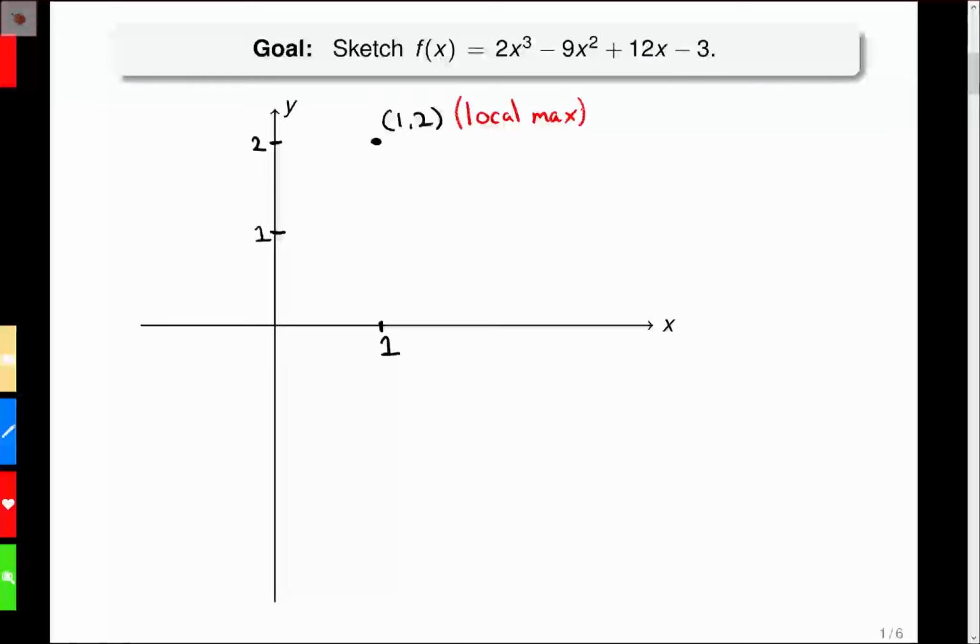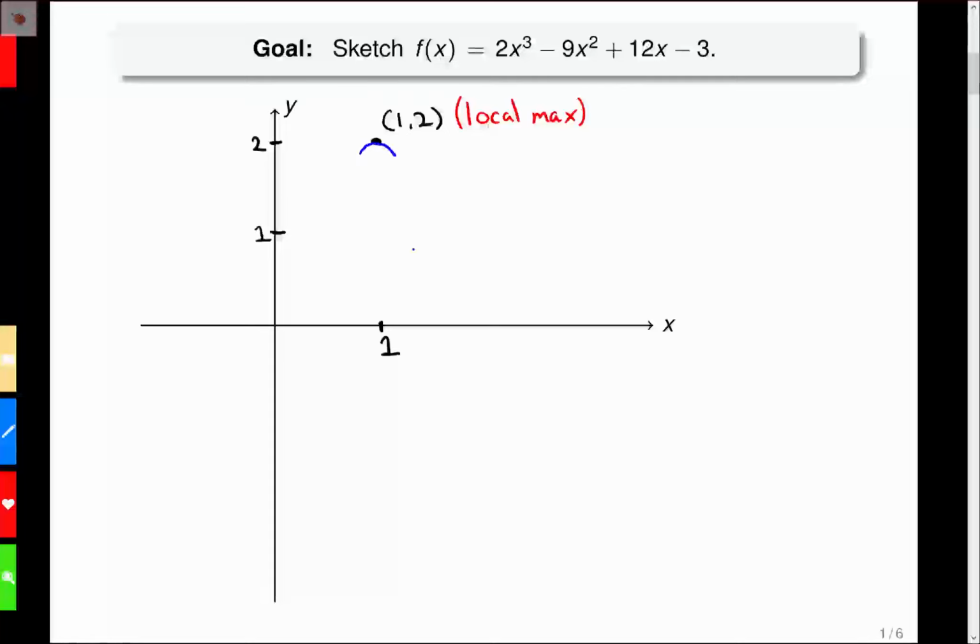What this means is that this point is higher than all the others around this area. This means that although we have no idea what the overall curve looks like, we do know that locally around this point, the curve must look something like this.